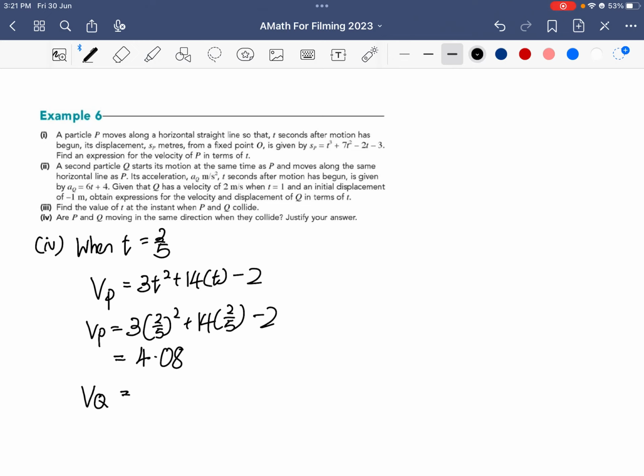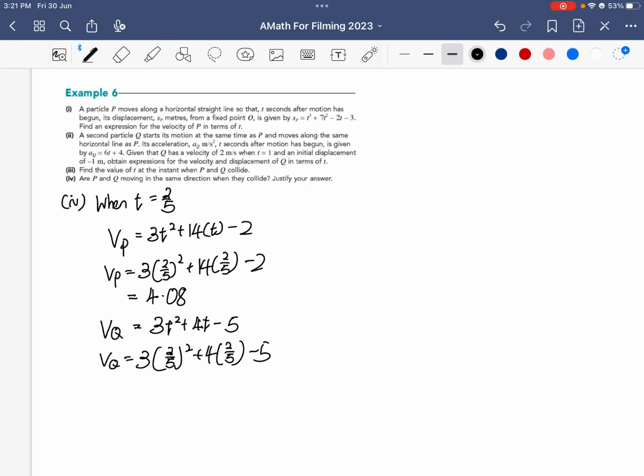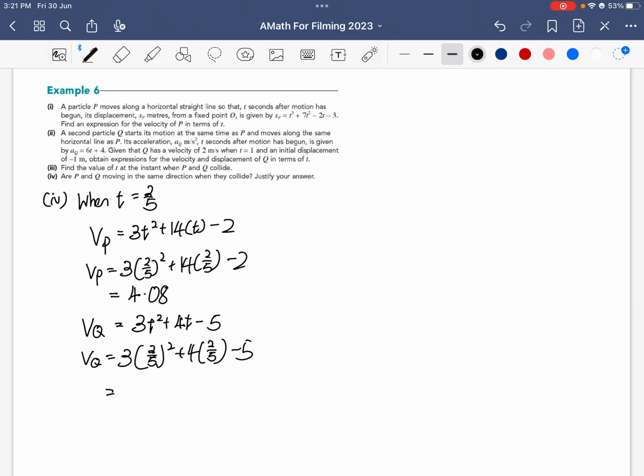Similarly, I apply the same concept to Q. The velocity of Q, if you remember from the previous part, is 3t² + 4t − 5. When t is 2/5, I substitute in the values, and the velocity of Q is −2.92.